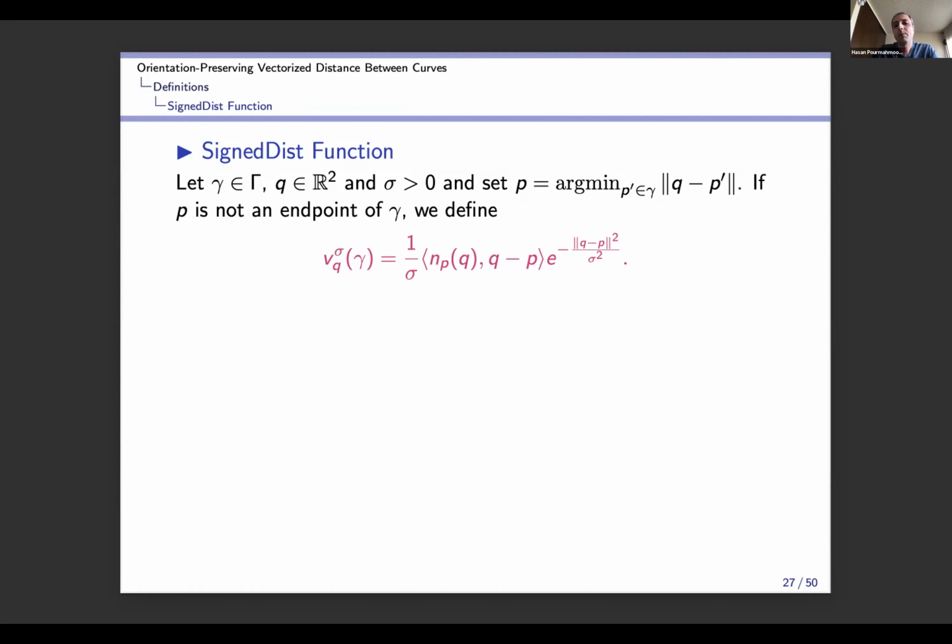And then we multiply with the Gaussian weight parameterized by sigma value. This is the definition for the case that P is not an endpoint of gamma.